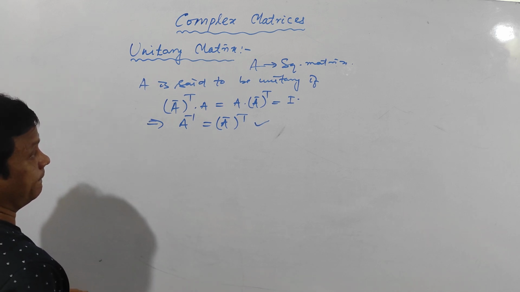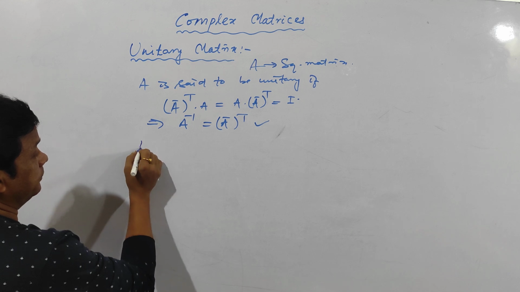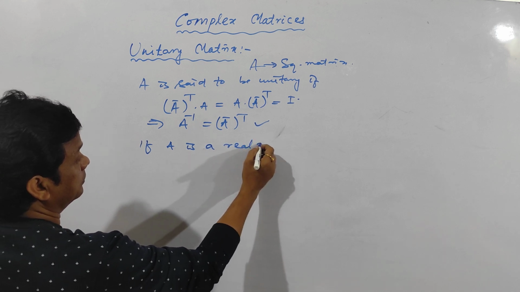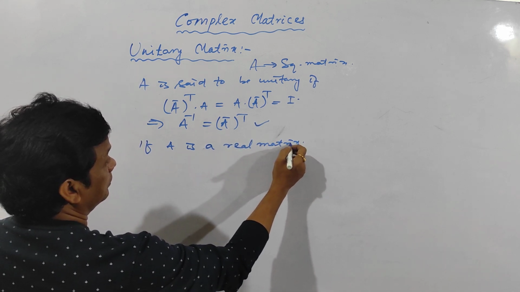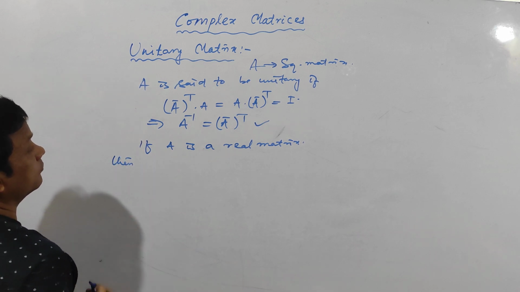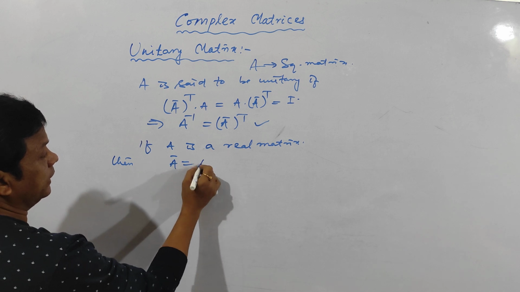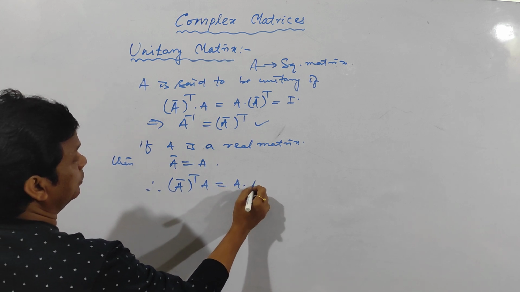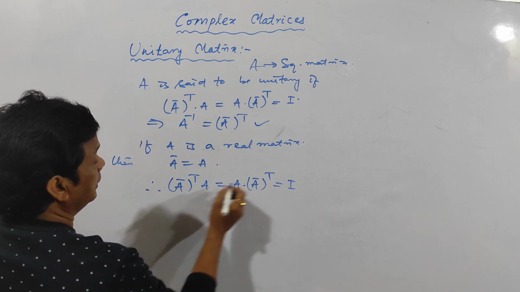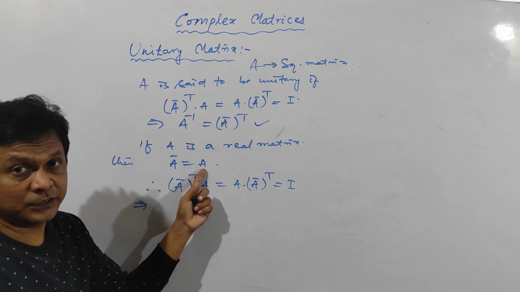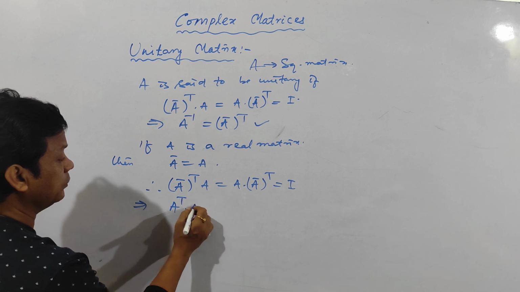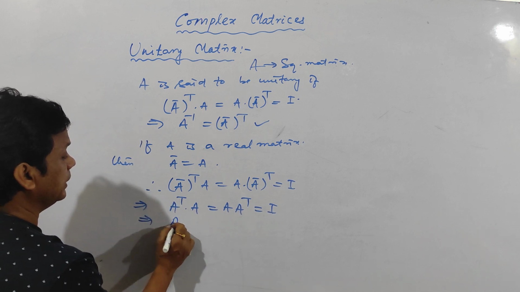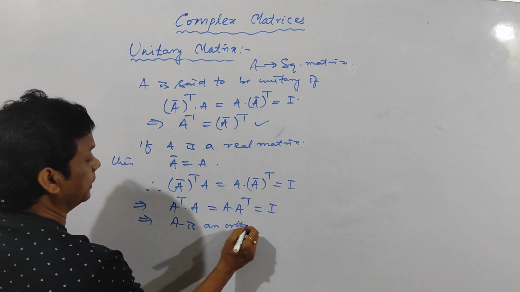Now see here. If A is a real matrix, then A bar is equal to A. So therefore, A bar transpose into A equal to A into A bar transpose equal to I implies, with A bar equal to A, that A transpose into A equal to A into A transpose equal to I. So it implies A is an orthogonal matrix.